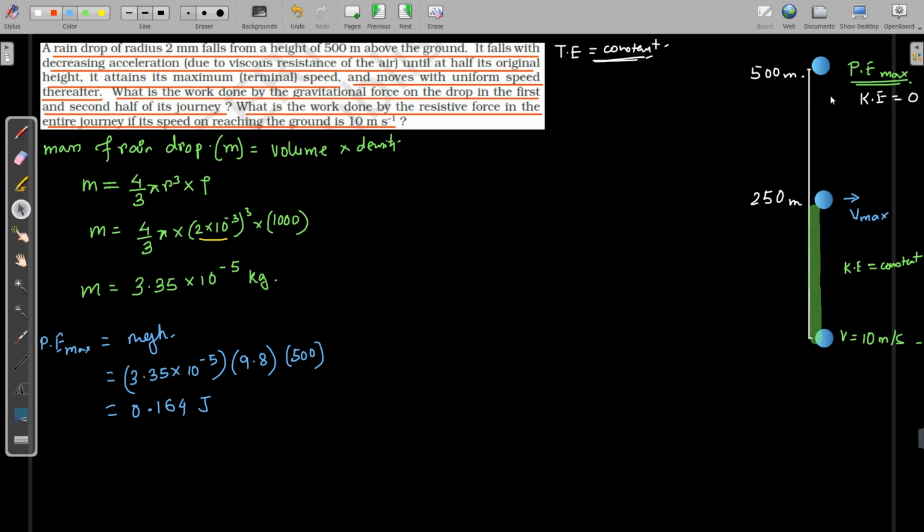Kinetic energy is increasing. So when it comes over here, what is the potential energy at this portion? What is the potential energy at 250 meter height? What we will do? Same thing.